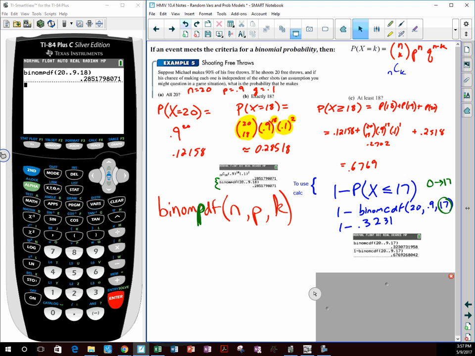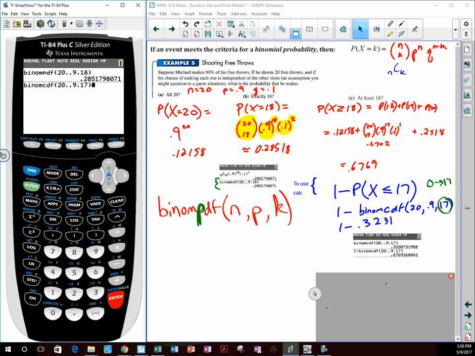Let me just throw that on the calculator here real quick. Second distribution, we're going to go get the binomial CDF this time, which is right here. How many trials? Still 20. Michael still shoots at a 90% percentage. Now we're looking for 17, but you have to understand, when you type in 17 right here, because you have the CDF function typed in, this is going to calculate all the probabilities from 0 through 17 and add them together.